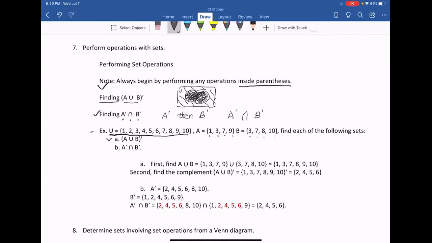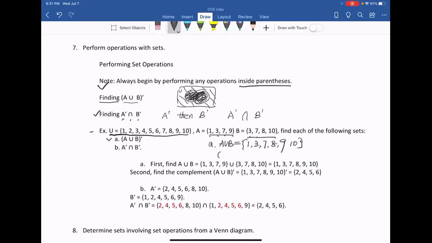Find the operation inside the parentheses. So A union B equals 1, 3, 7, 8, 9, 10.